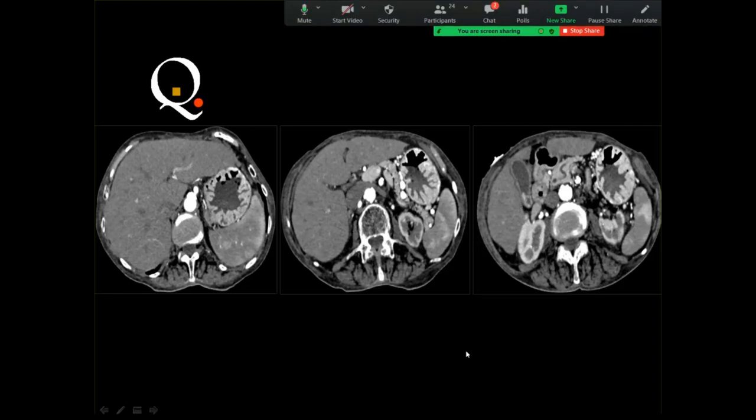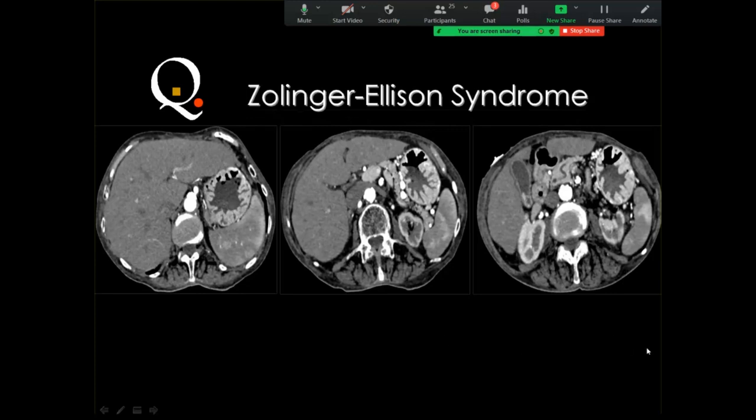When you are confronted by a case like this, the differential diagnoses include hypertrophic gastritis, like Menetrier disease, and also the possibility of Zollinger-Ellison syndrome should be considered. And this was a case of Zollinger-Ellison syndrome.